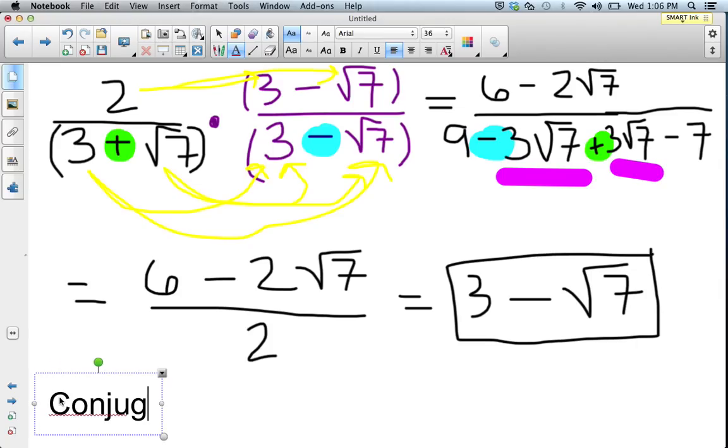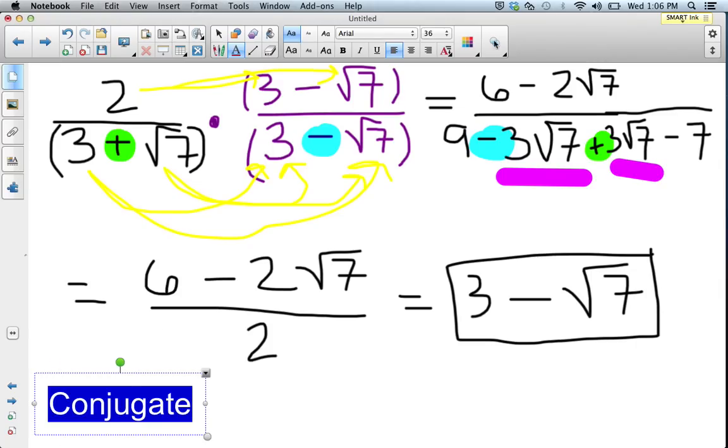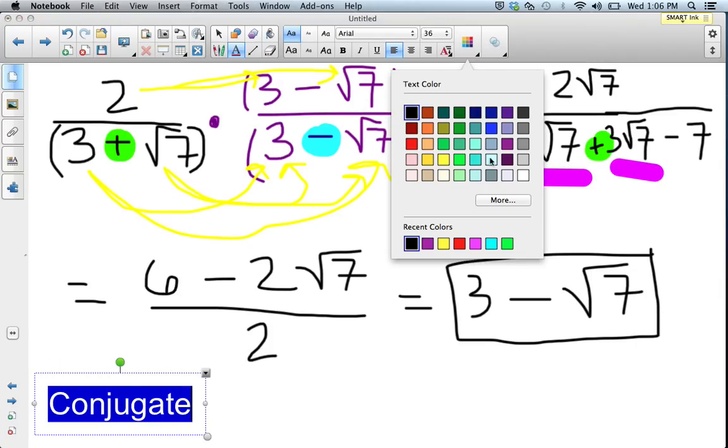And the conjugate is this part that we have in purple up here.